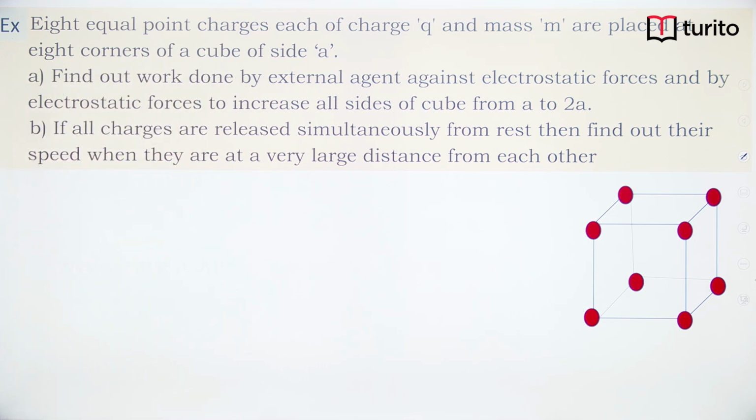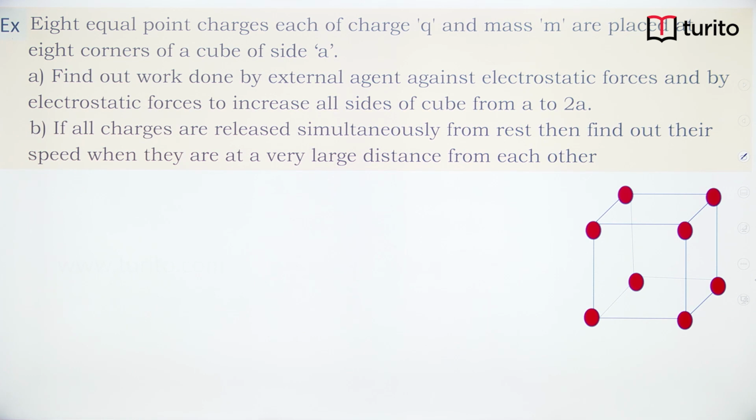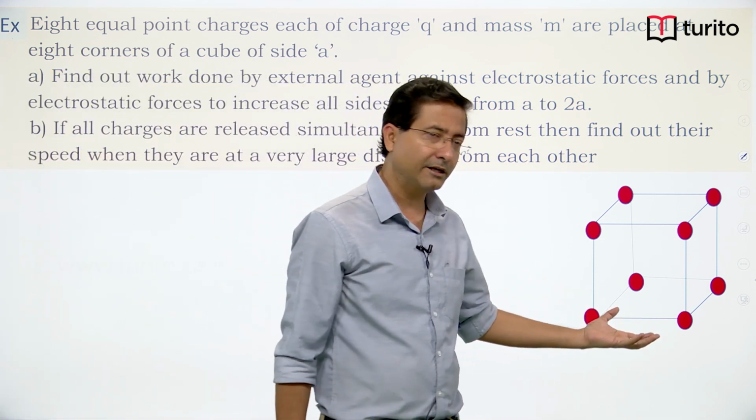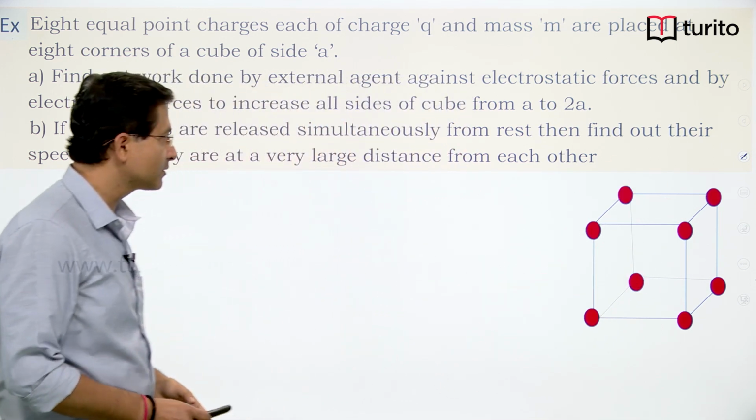Let's see another example. So 8 charges of charge q and mass m are placed at the 8 corners of a cube of side A. So this is a cube and we are keeping 8 charged particles at 8 corners.